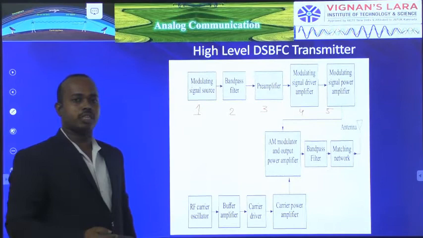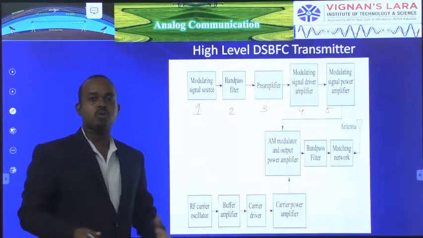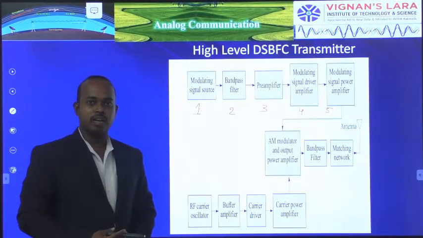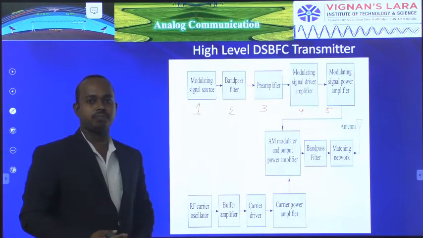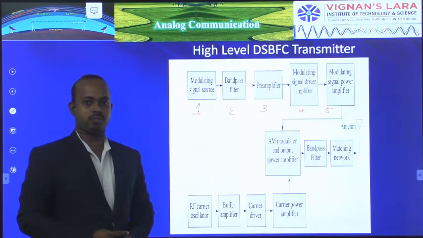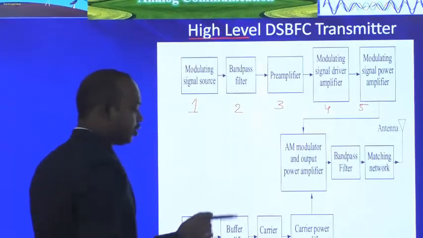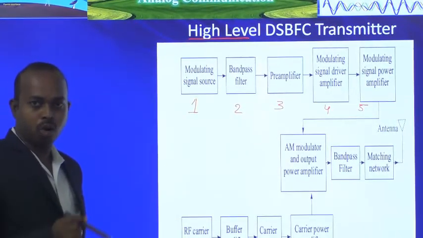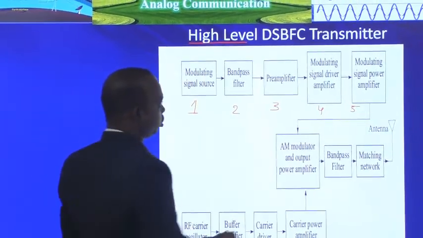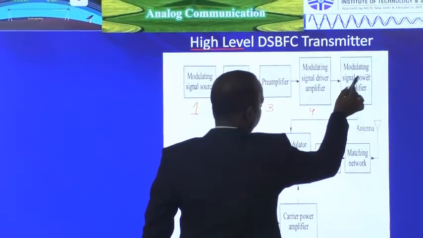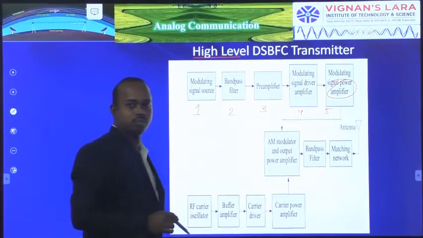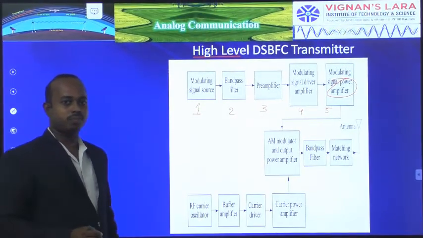Here the only difference is that we are including the power amplifier before the modulator. That is the only difference. You can say that is the high level. The only change in the circuit or block diagram is that you are including the power amplifier.